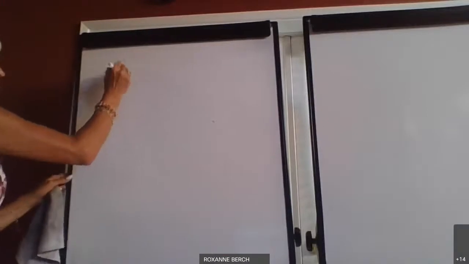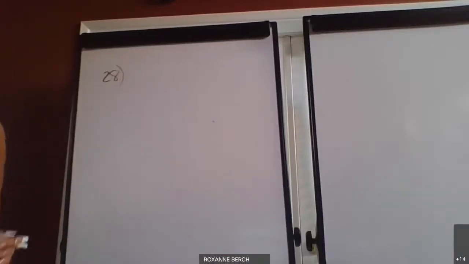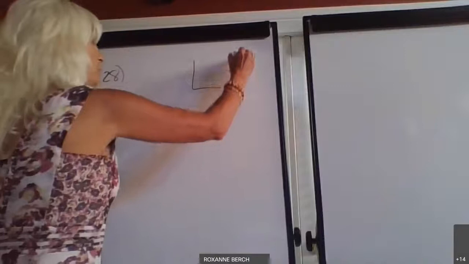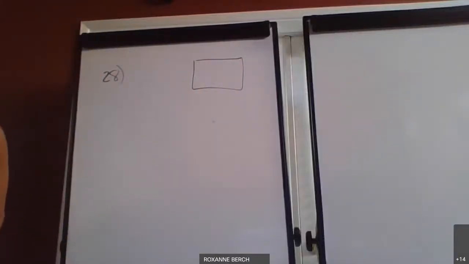Let's do 28, which is also geometry. You'll be doing 27. Once again, look at this one. It's a pool again, and it says the length of a rectangular pool is 6 meters less than twice the width. I might have to read that a few times.